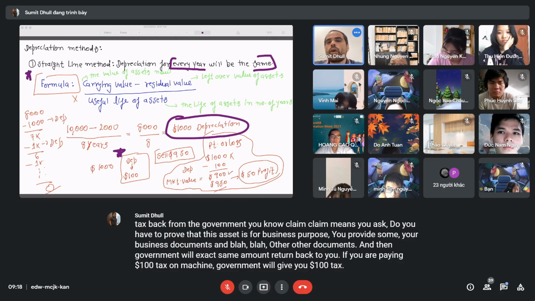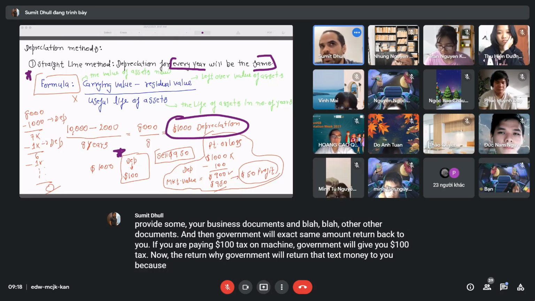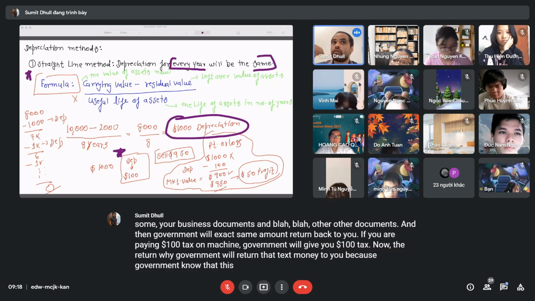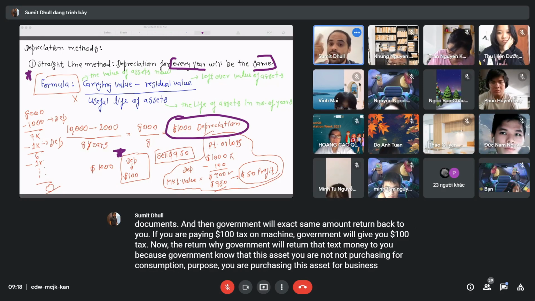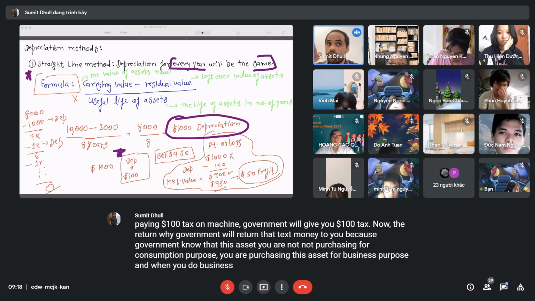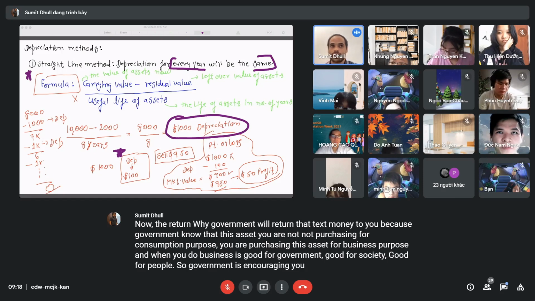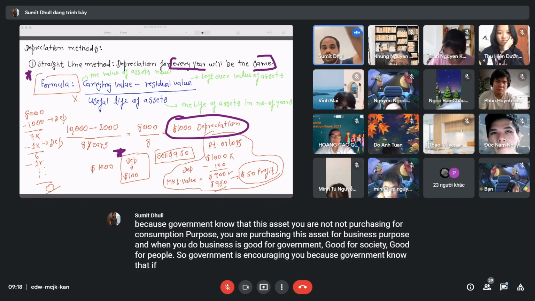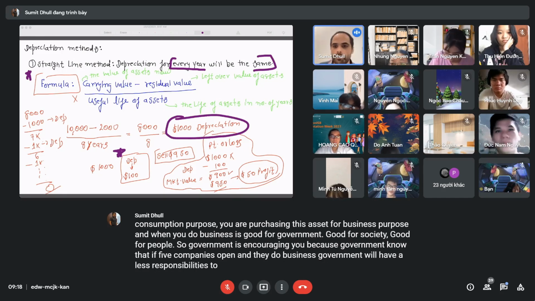Now, why will the government return that tax money to you? Because the government knows that you are not purchasing this asset for consumption, you are purchasing it for business purpose. And when you do business, it is good for the government, good for society, good for people. The government is encouraging you, because if 5 companies open and do business, the government will have less responsibility to give jobs to people.